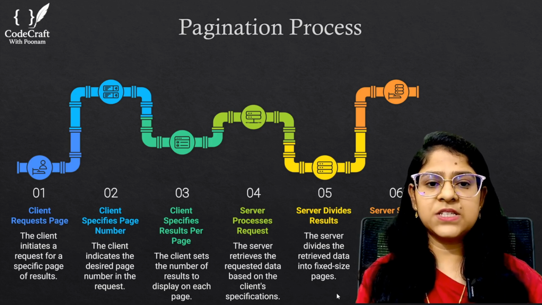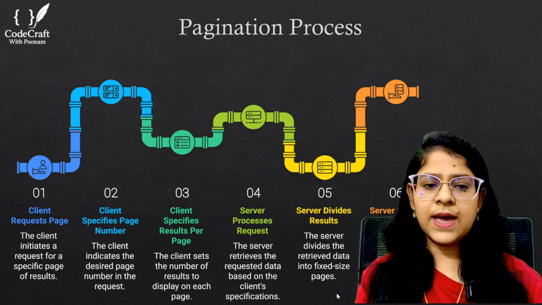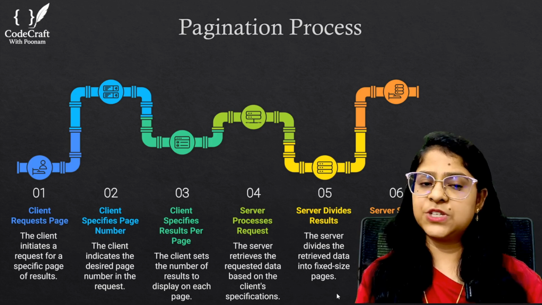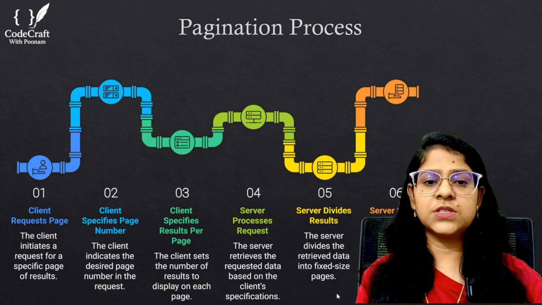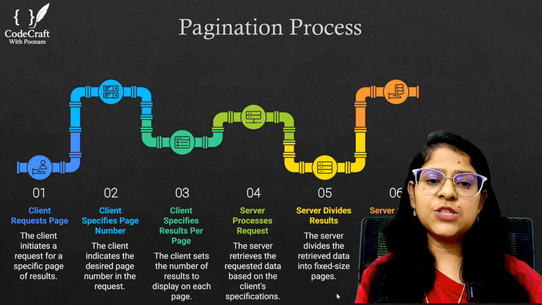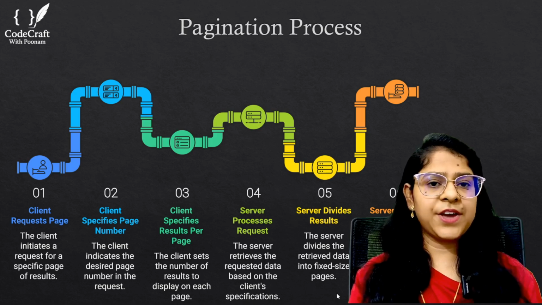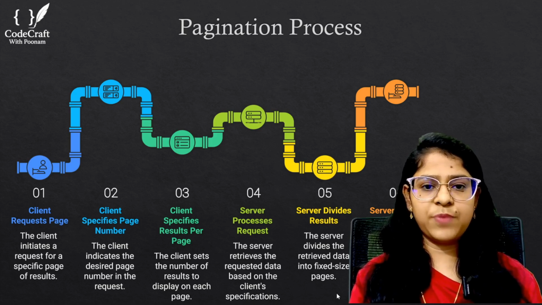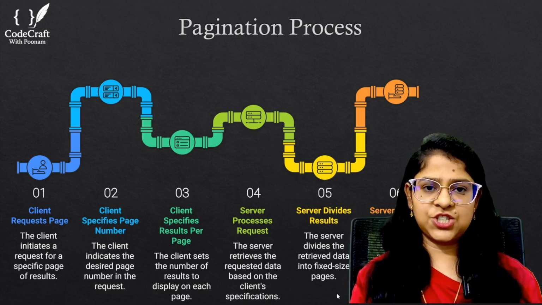In page 0, you have recipes 1 to 10, and in page 1, you have the recipes starting from 11 to 20. So each page has 10 recipes, just like your books: you have page numbers and limited content within each page.